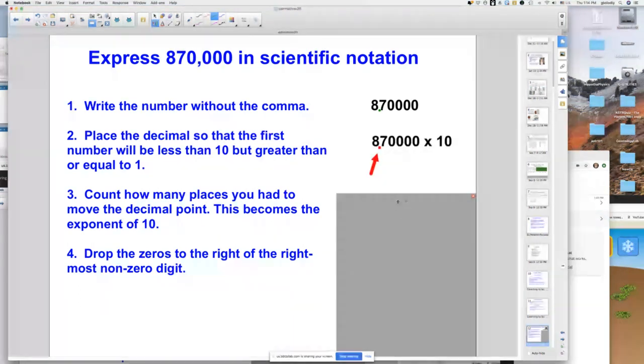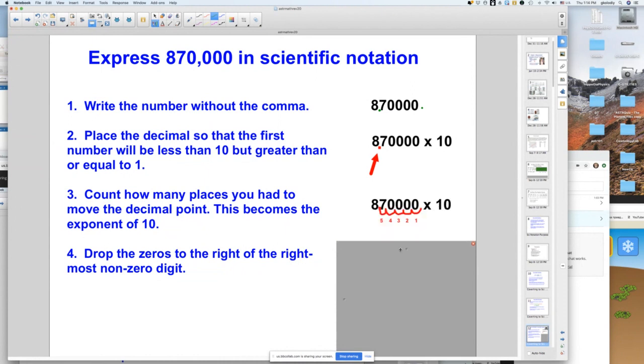Okay? Count how many places you had to move the decimal point. The decimal point originally was here. And we moved it 1, 2, 3, 4, 5 places. 5 places. And therefore, this number now is 8.7 times 10 to the 5th. So that's how you write a big number in scientific notation.